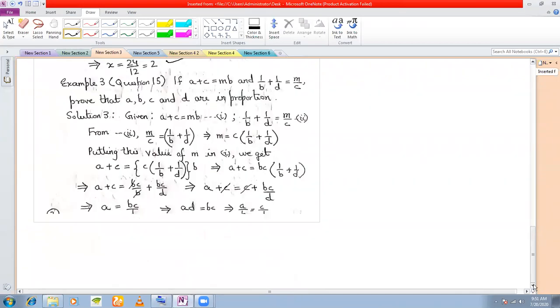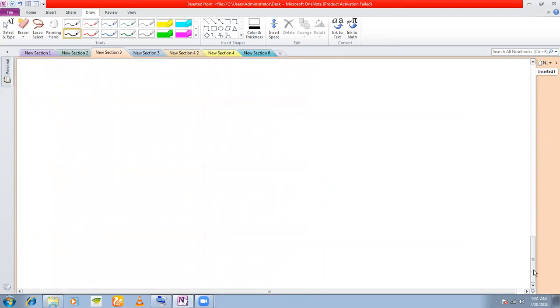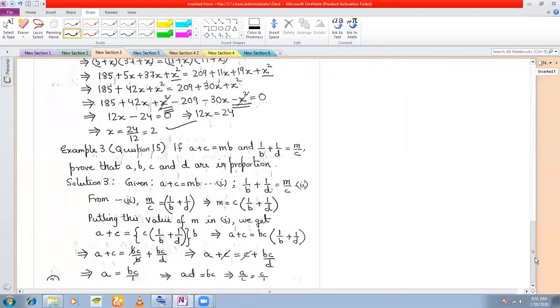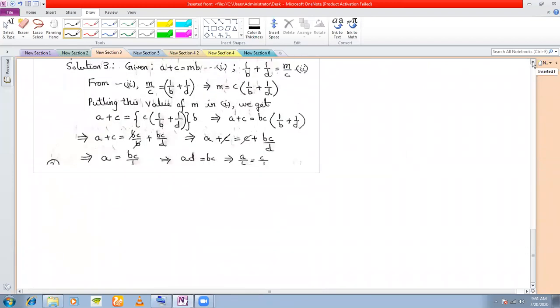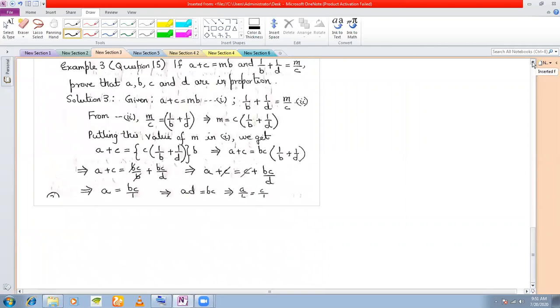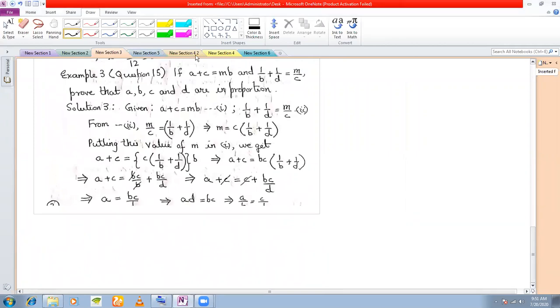Now see this question, example 3. Given A plus C is equal to MB, and 1 by B plus 1 by D is equal to M by C. You need to show that A, B, C, D are in proportion.